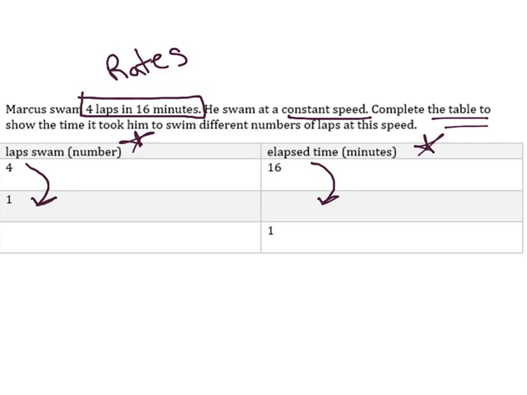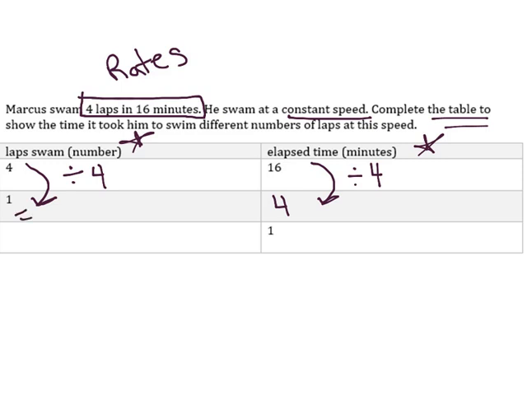If I look at 4 and 1, I know that 4 divided by 4 equals 1. So to find the amount of time it takes me, I'm going to do 16 divided by 4, and that gives me 4. So for the first part, Marcus can swim 1 lap in 4 minutes. His unit rate would be 4 minutes per lap. That's his unit rate because it's per one.